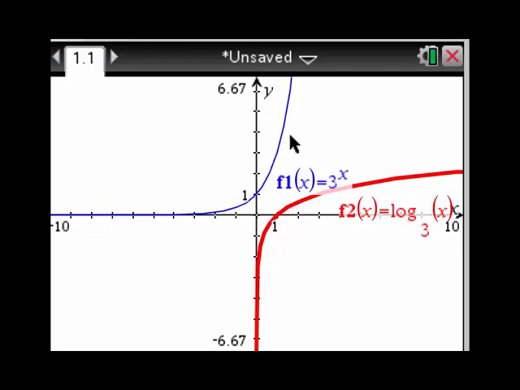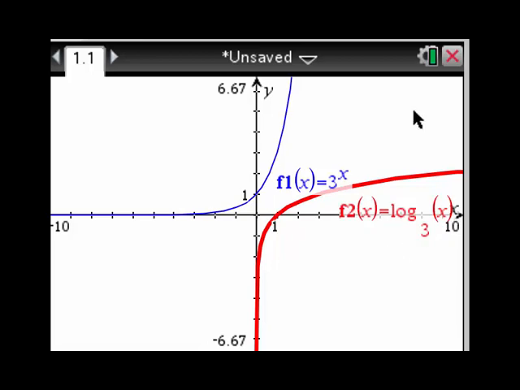So negative infinity to positive infinity. My range is greater than 0. It's in quadrants 1 and 2. It's above the x-axis.